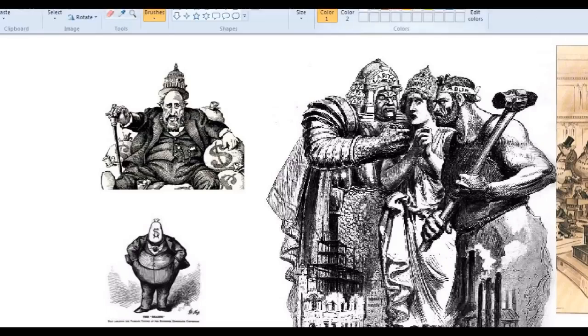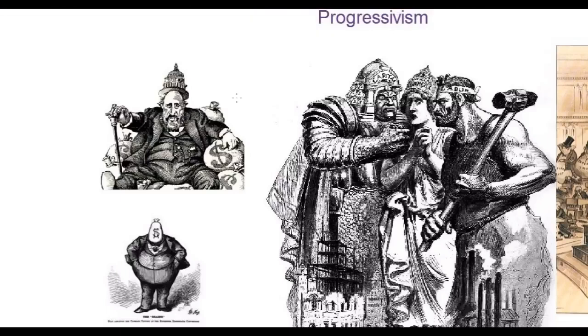And progressives were very influenced by reform in Europe, and they were very influenced by the growing role that governments were playing in politics and in the economy and society in European nations such as Germany, Great Britain, and France.